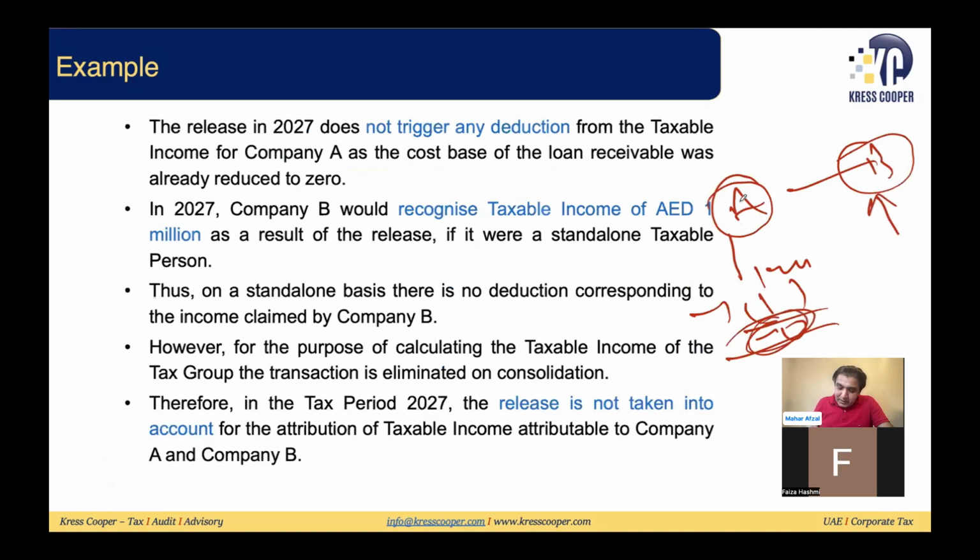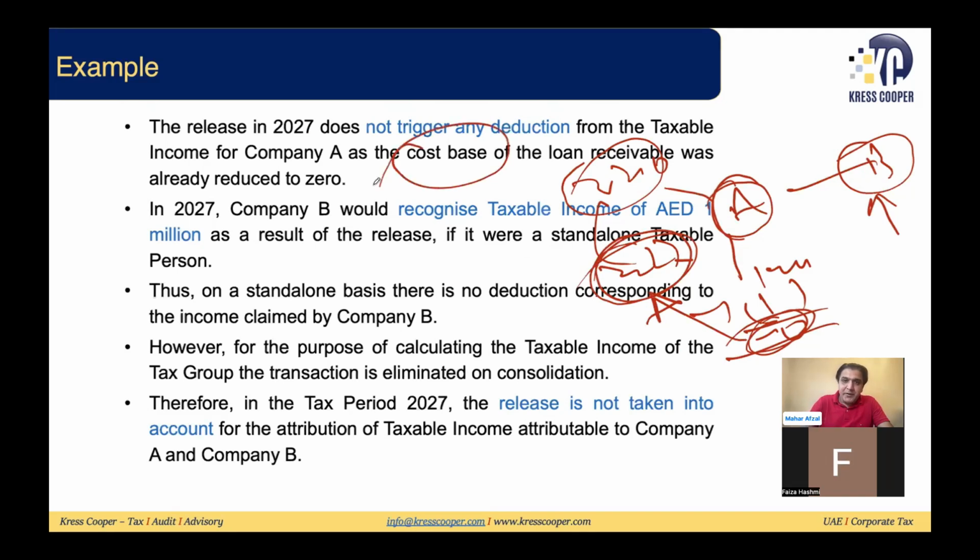Now A has impaired in 2026, but they have given the waiver in 2027. So in 2027, their cost base was 0. Once the cost base is 0, do you think any adjustment will be required? No, because the corresponding impact is not there. So in 2027, it does not trigger any deduction from the taxable income of A, as the cost base of the loan receivable was already reduced to 0.